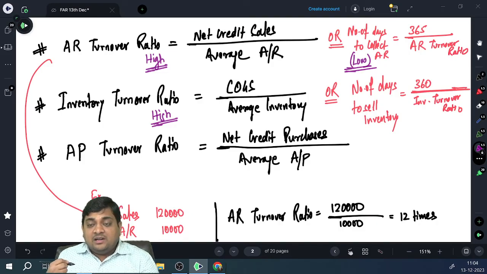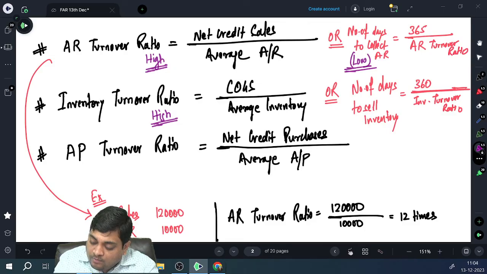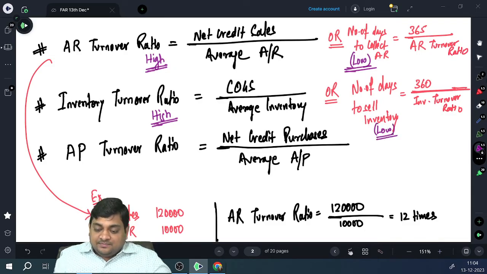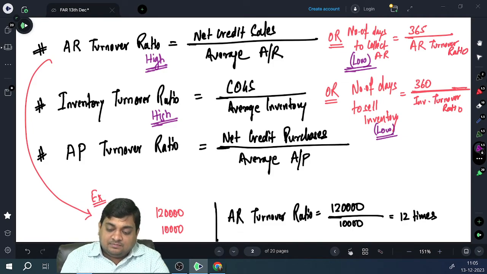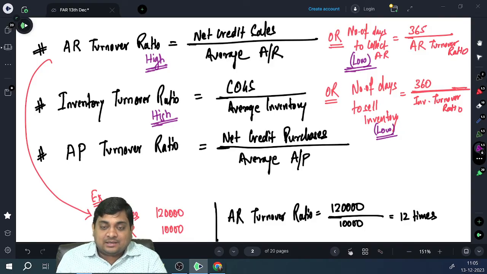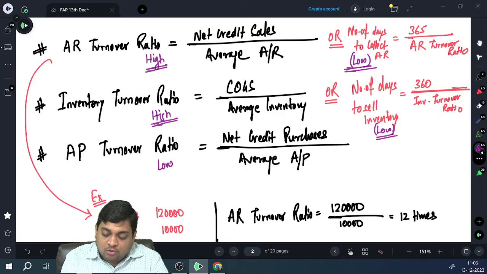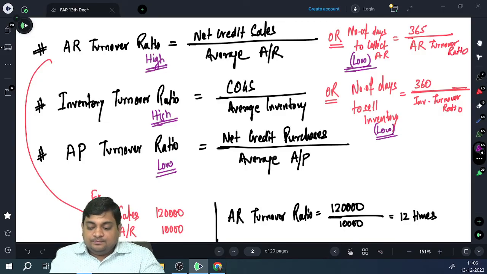But if I talk about in terms of days, it has to be low because as quickly we are selling. And in case of accounts payable, you need to delay it, so it has to be high. So this is a different type of interpretation that we need to do.